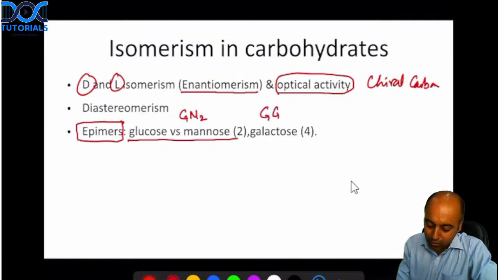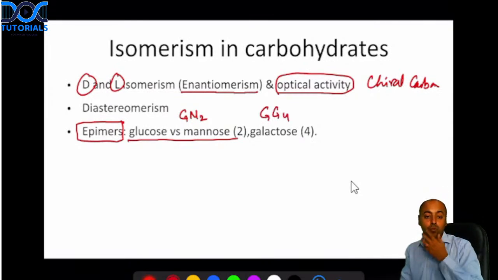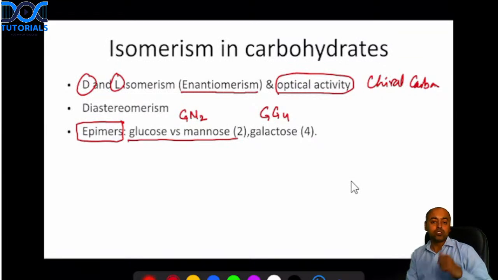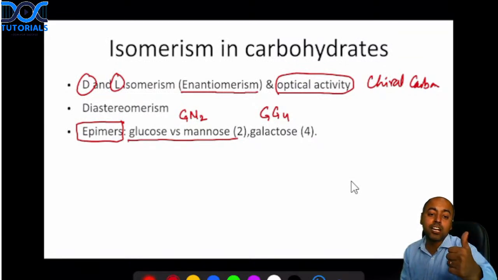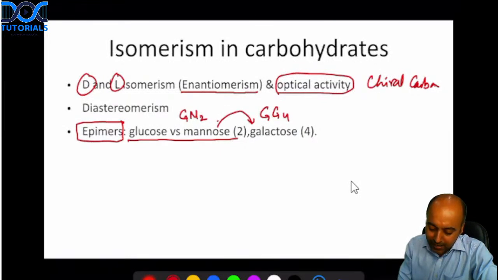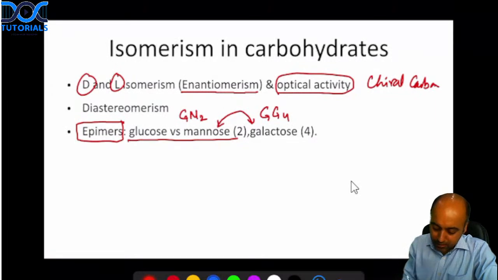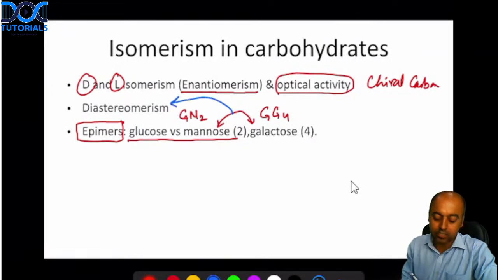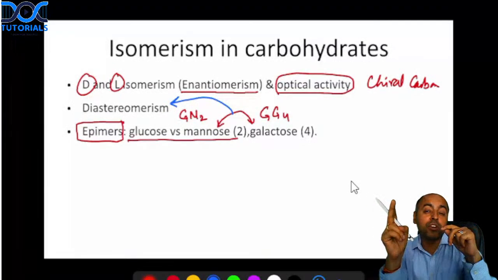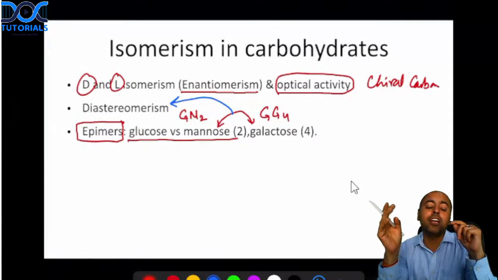Glucose and galactose are epimers at carbon 4, GG4. Please note, if you compare mannose and galactose, what you get is a diastereomer. They have some similarities, but they are also different at two different carbons, carbon 2 and carbon 4.